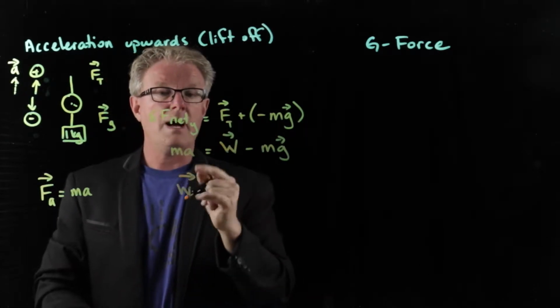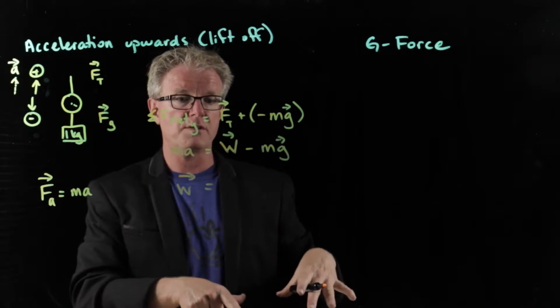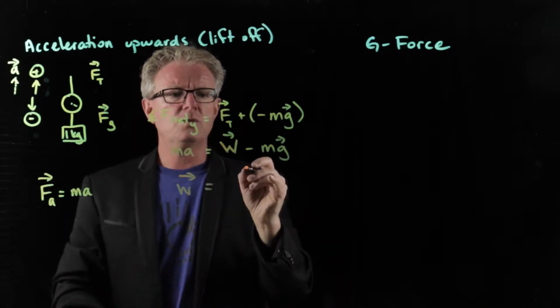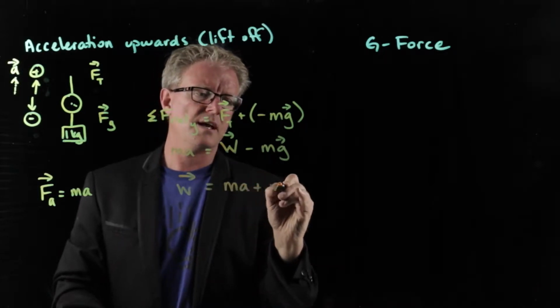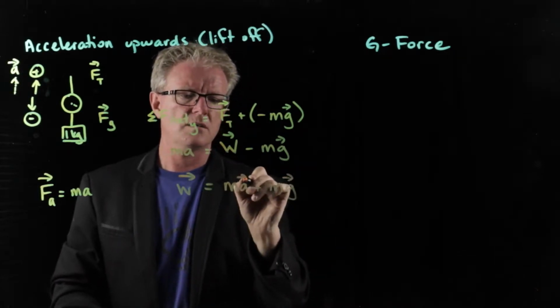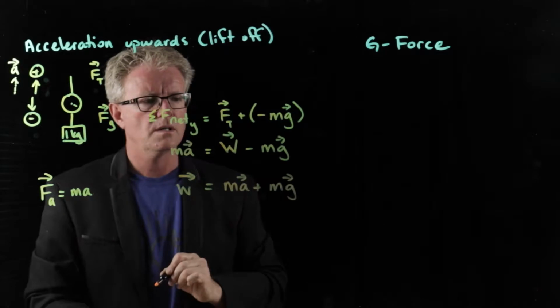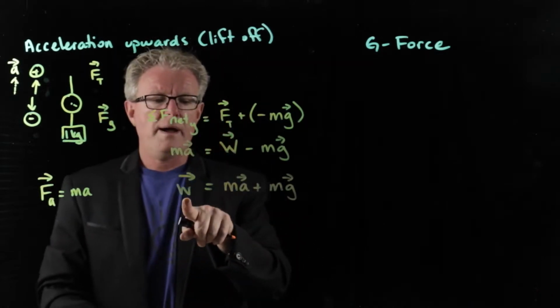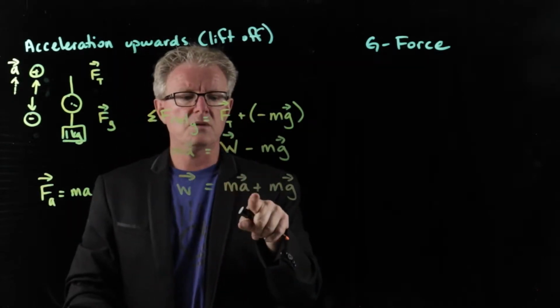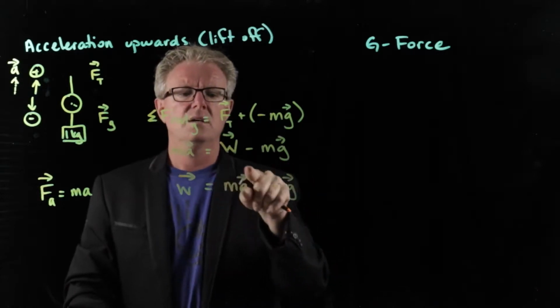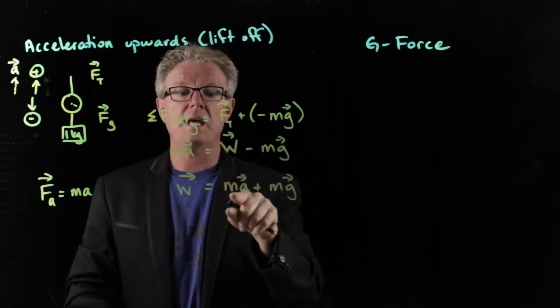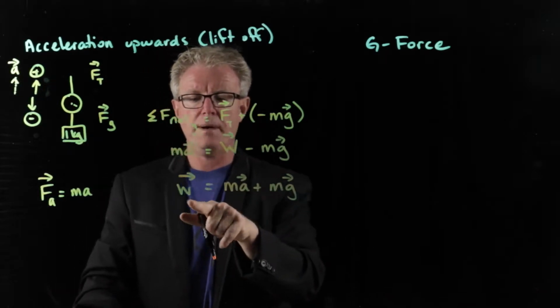It means our apparent weight, measured by the scales, was equal to ma plus mg. Okay, so our apparent weight has gone up now. We can see that it's got our mg, which is our normal weight, plus the applied force ma. So this is our apparent weight.